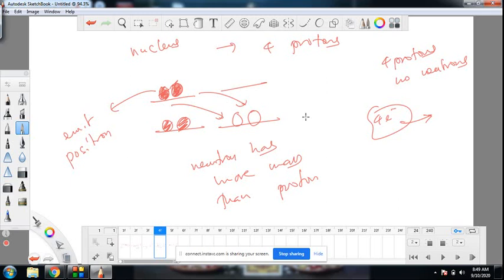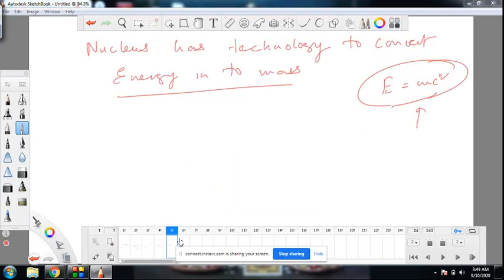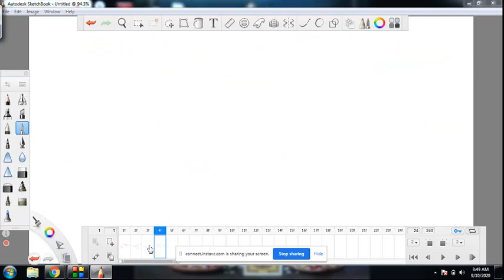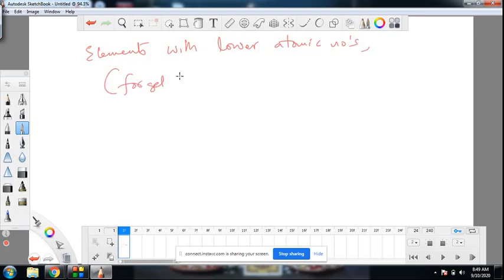Now certain things can be explained with these energy levels. For example, in elements with lower atomic numbers, forget about isotopes, isotopes are there, no doubt, but generally the number of protons is equal to the number of neutrons.